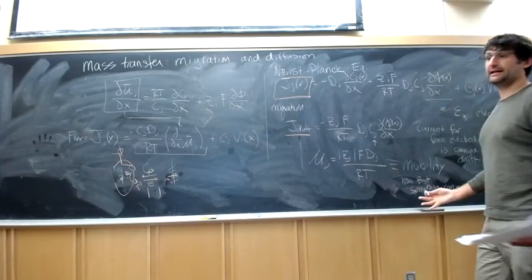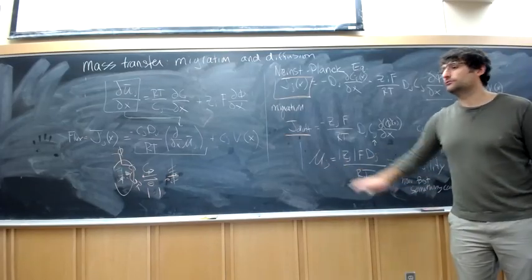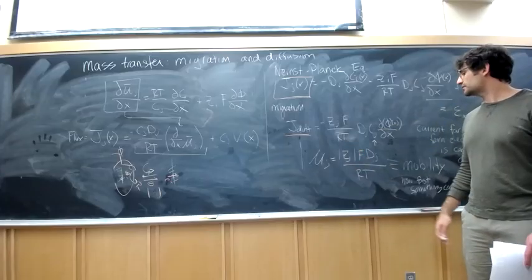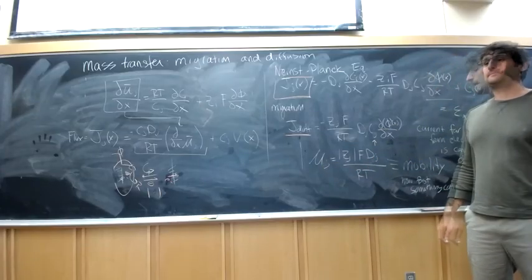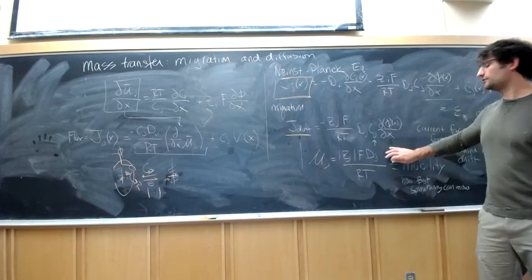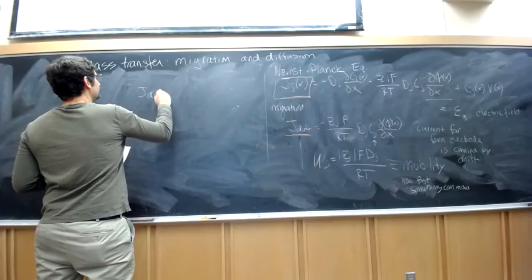Things that are big and massive have low diffusion coefficients and low mobilities. And this is actually an Einstein relationship between the mobility and the diffusion coefficient. Often you'll see things written in terms of mobilities in semiconductor physics and in terms of diffusion coefficients in electrochemistry.